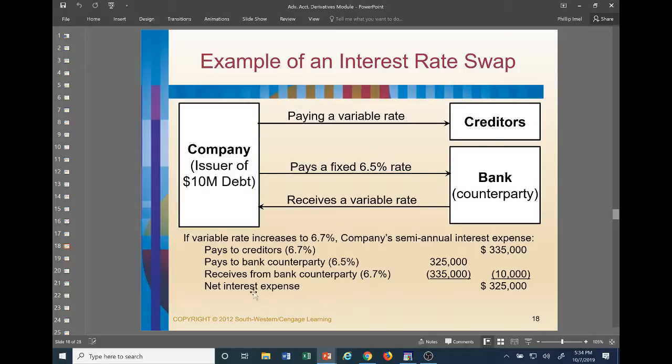So it leaves us the net interest expense of $325,000, because the $10,000 is the difference between the $325,000 and the $335,000. So that reduces the $335,000 down to $325,000. Rather than actually paying and receiving, the entities exchange the net difference between the rates, which is this $10,000. This results in a net interest expense of $325,000.